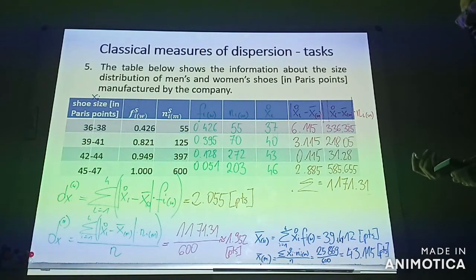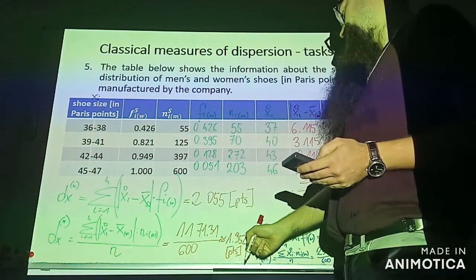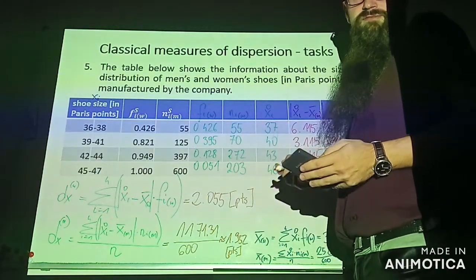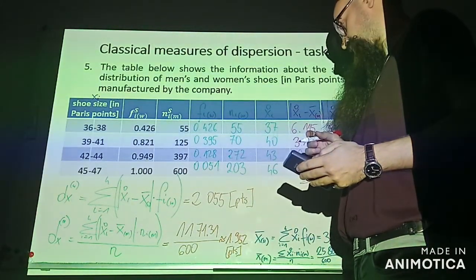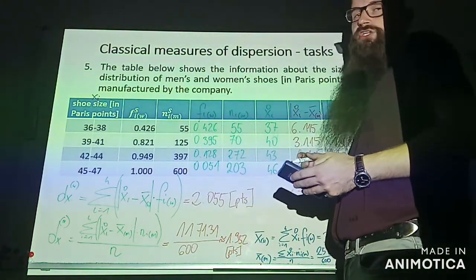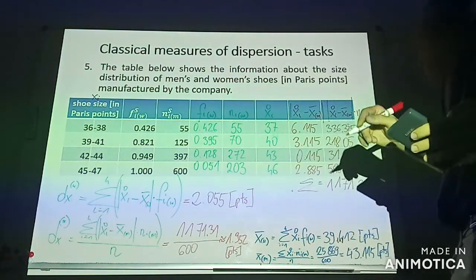The average deviation of men's shoe size from the mean is about 2 points.